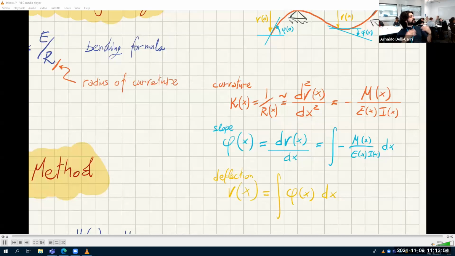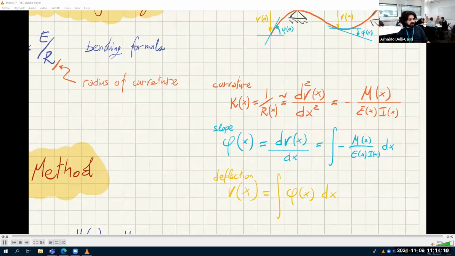That's why we have different bending theories. This is the Euler-Bernoulli bending theory. There is the Timoshenko beam, have you ever heard about it? It's a model that takes into account the shearing effects as well.